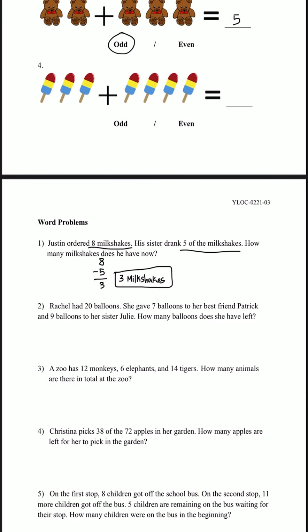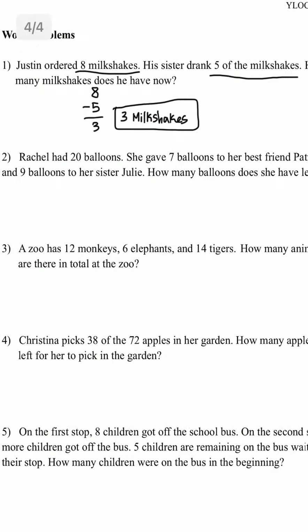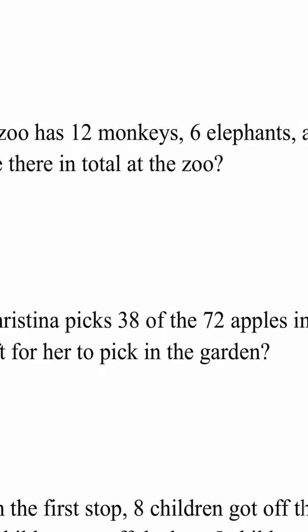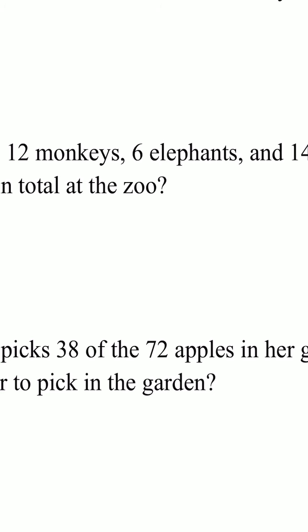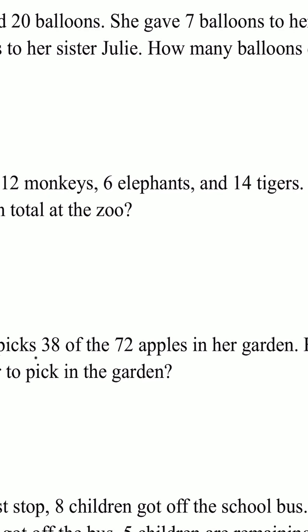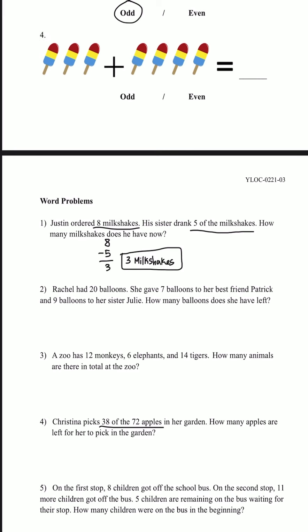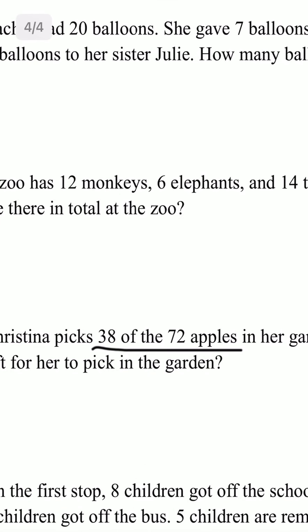Let's look at number 4. Christina picks 38 of the 72 apples in our garden. How many apples are left for her to pick in the garden? To know how many apples are left for her to pick, we have to subtract 38 from 72.